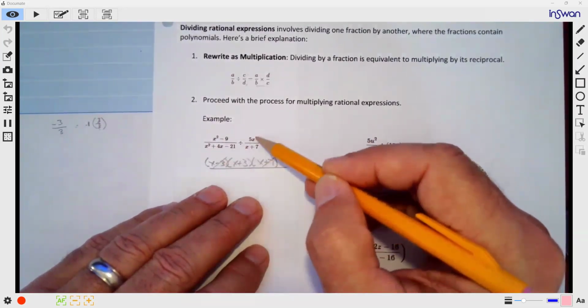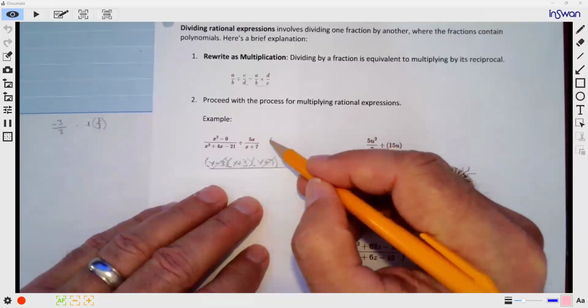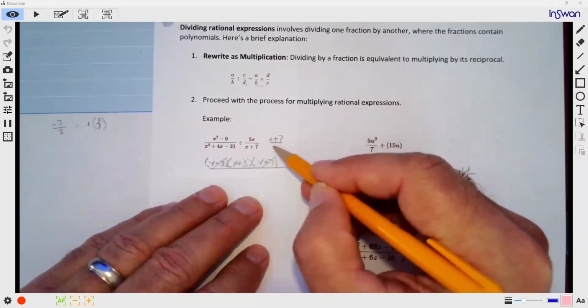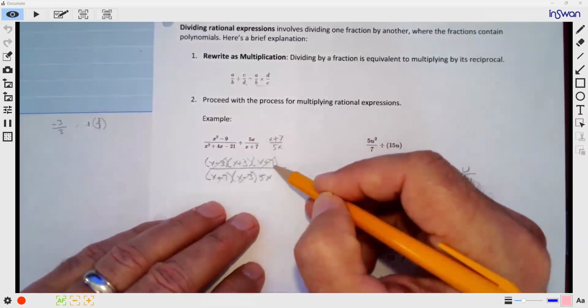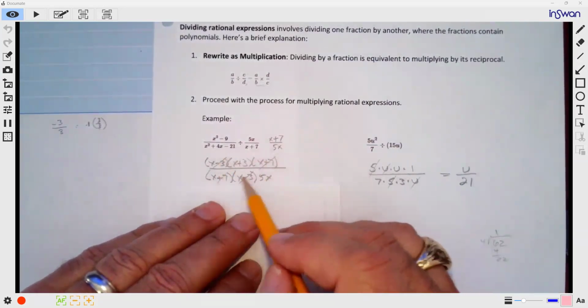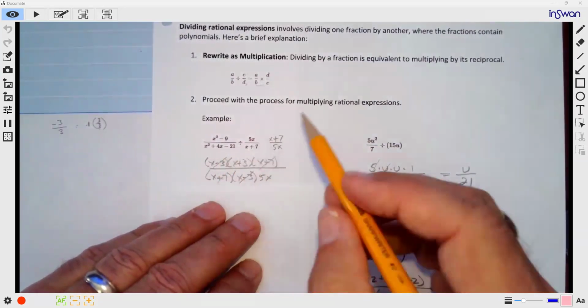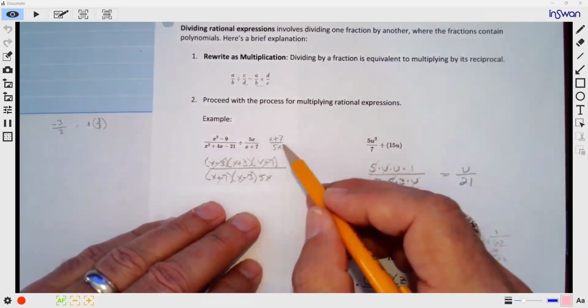The x plus 7 came up on top because we did take the reciprocal. On the bottom, we factored x squared plus 4x minus 21 to this. And then what was on top, the 5x, is now in the denominator.